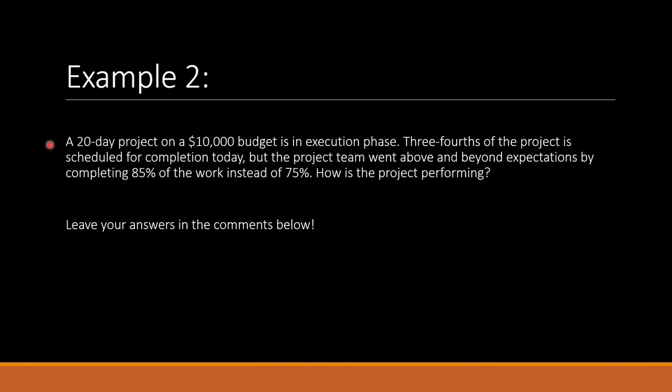The question is, a 20-day project on a $10,000 budget is in execution phase. 3/4 of the project is scheduled for completion today, but the project team went above and beyond by completing 85% of the project instead of 75%. How is the project performing? Please leave your answers in the comment section below.